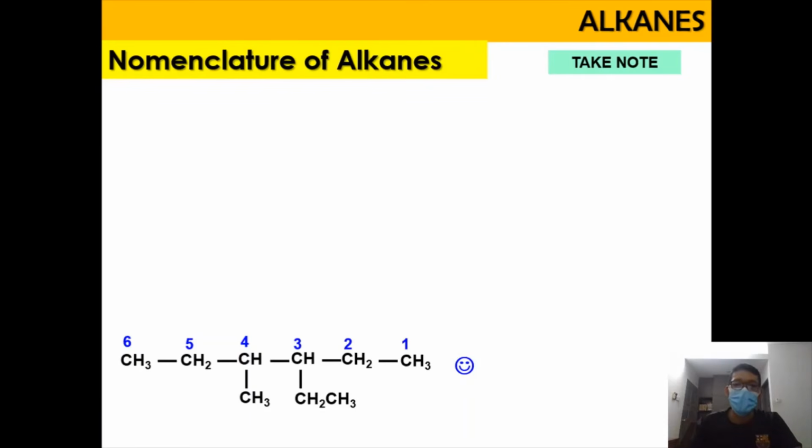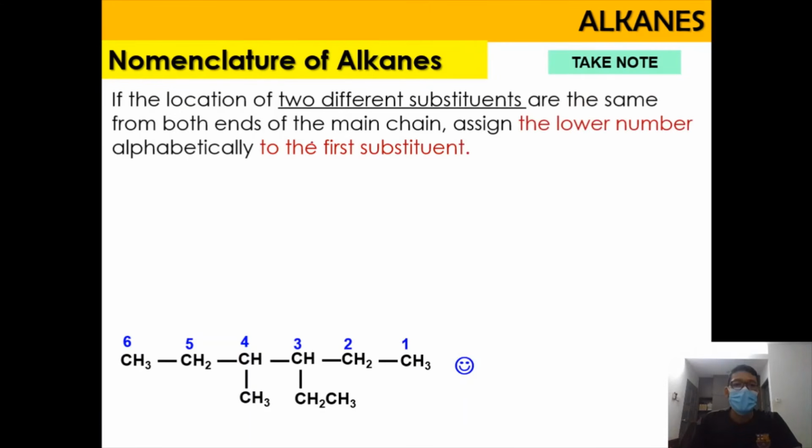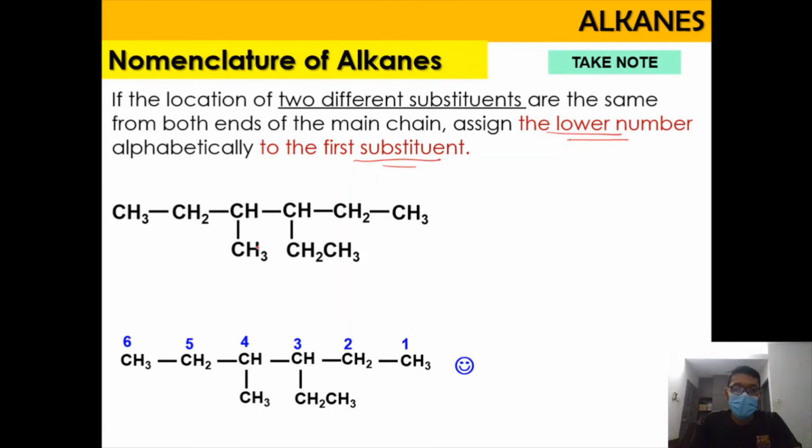Okay. So for the nomenclature of alkane, if the location of the two substituents are the same from both ends of the main chain, assign the lower number alphabetically to the first substituent. Okay, so let's say if you have this structure here, 1, 2, 3, 4, 5, 6. At the same time, you might suspect that, oh, can I do the naming from here to there? 1, 2, 3, 4, 5, 6.